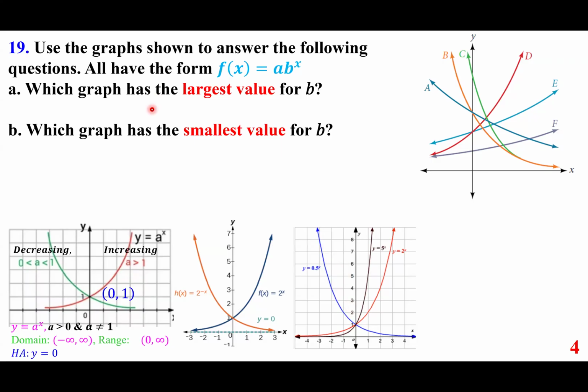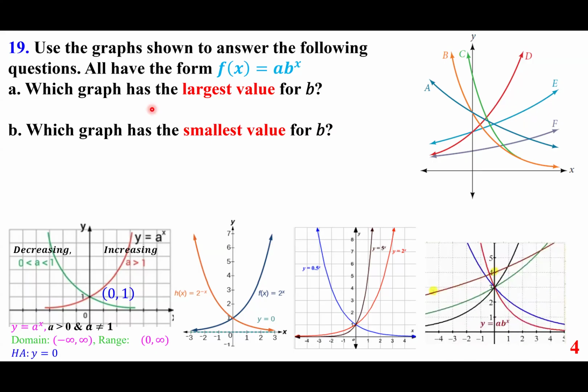So which graph has the largest value of b? And again, I want to show you also this one. In general, y equals a b to the power of x.